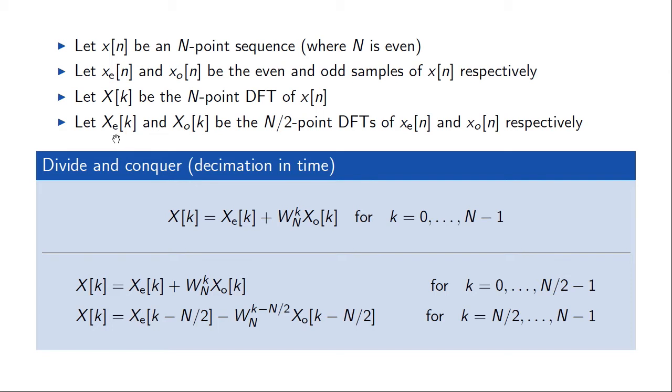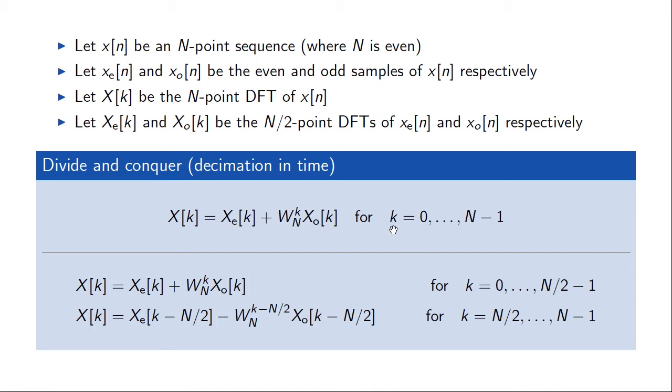And similarly we let capital Xe of k and capital Xo of k be these N over 2 point DFTs that we would obtain by computing the DFT of the even sequence and of the odd sequence. Then what we just saw in the previous slide was that X of k, the DFT for x, can be written as the DFT of the even terms plus this complex exponential, or this parameter W_N^k, times the DFT of the odd terms.